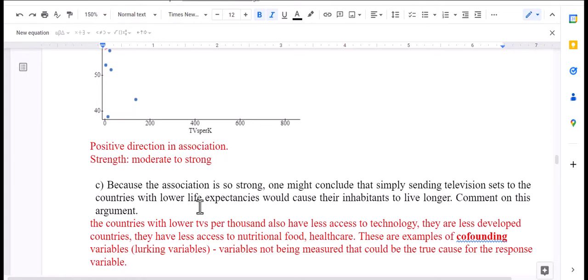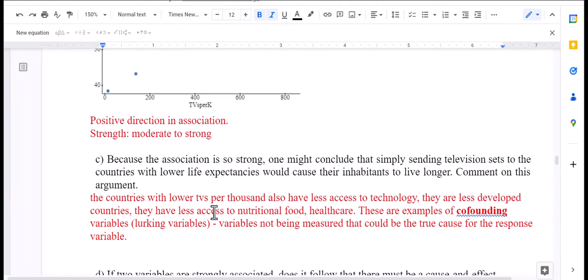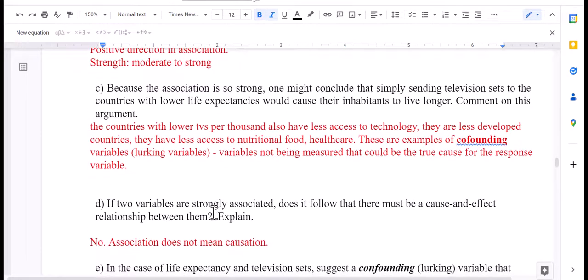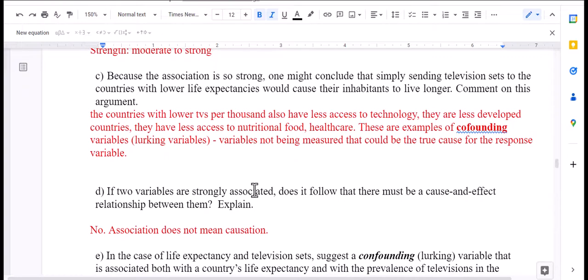Being a less developed country with less access to healthcare will definitely impact your life expectancy, right? If people have an illness and they don't have the healthcare to get the proper care, it's going to decrease their life expectancy. So those are some of the lurking or confounding variables.